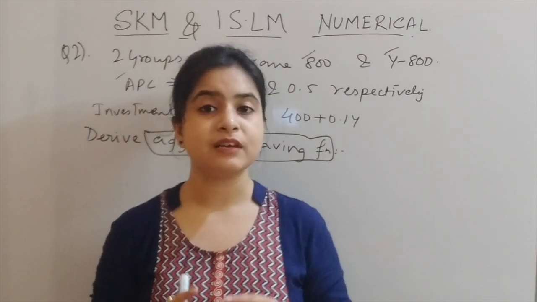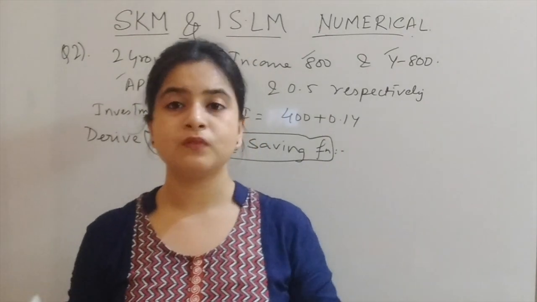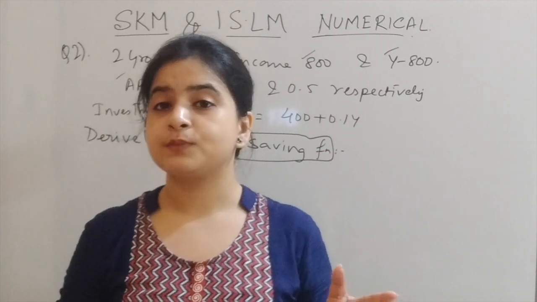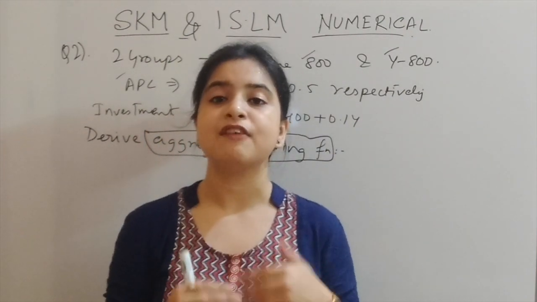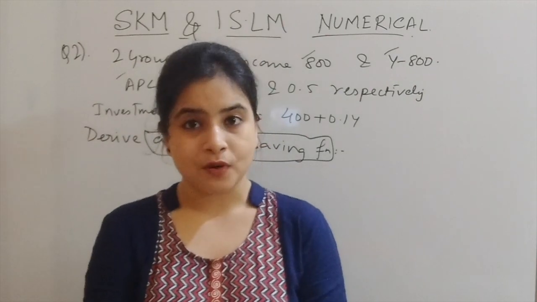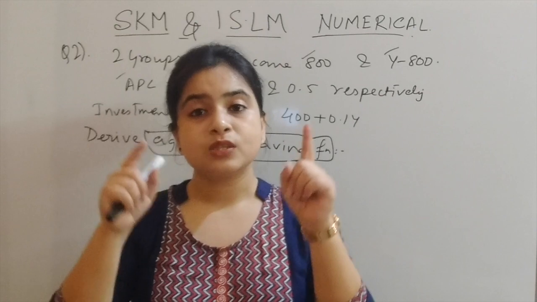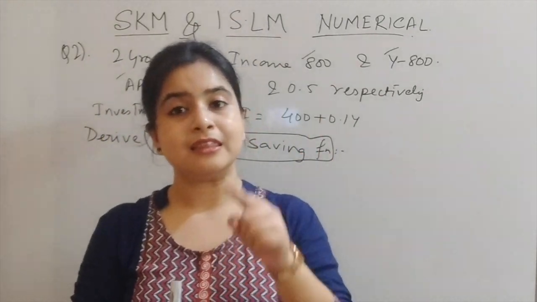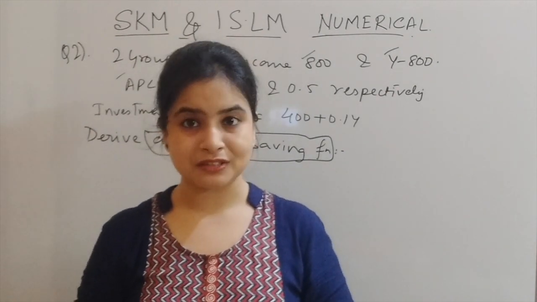Since we are dealing with two groups of people, group A and group B, with two different average propensities to consume and different incomes, since here we have more than one group, once we get the saving function of each group, adding them together we are going to get the aggregate saving function.